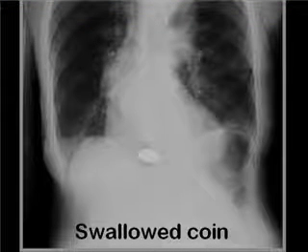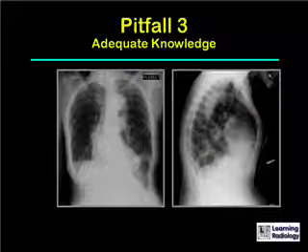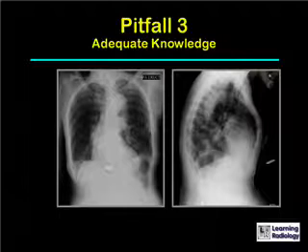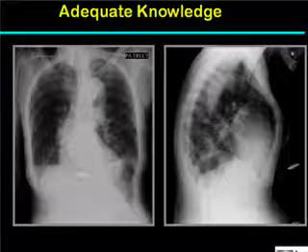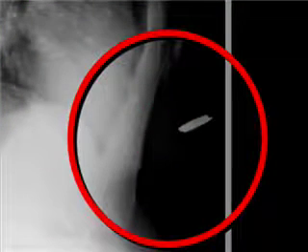Here's another case. This is an elderly individual who it was thought might have swallowed a coin. Look at this image and what do you think? Well, if you decided on the basis of that one image that there was a coin at the esophagogastric junction, you can see that when you obtain an image at 90 degrees to the original, a lateral, that the patient is in fact wearing a coin around her neck, which is attached to her neck by a string.